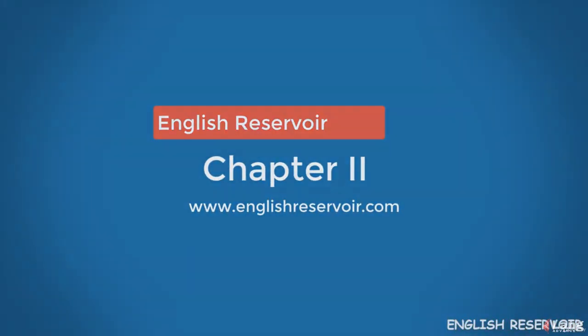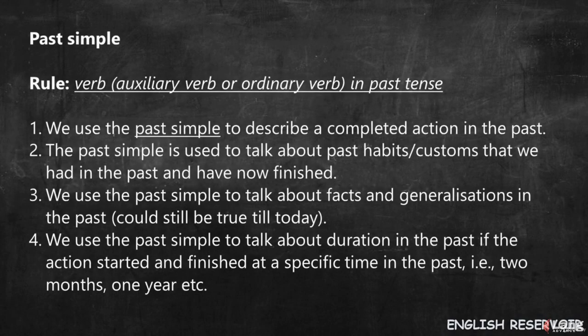Past simple. Rule. Verb, auxiliary verb or ordinary verb in past tense. 1. We use the past simple to describe a completed action in the past. 2. The past simple is used to talk about past habits or customs that we had in the past and have now finished. 3.